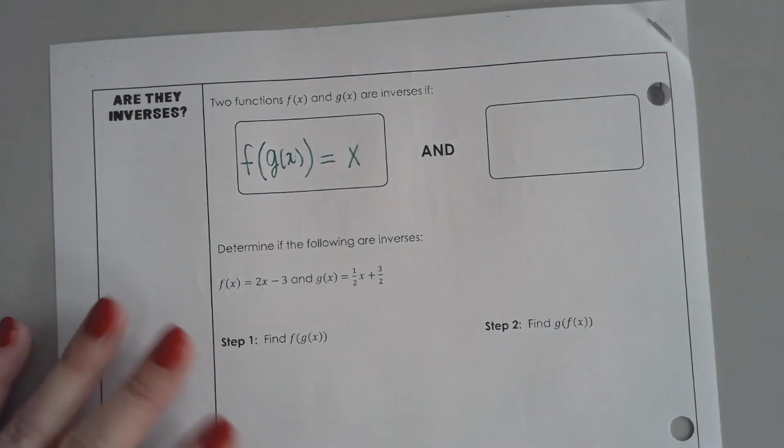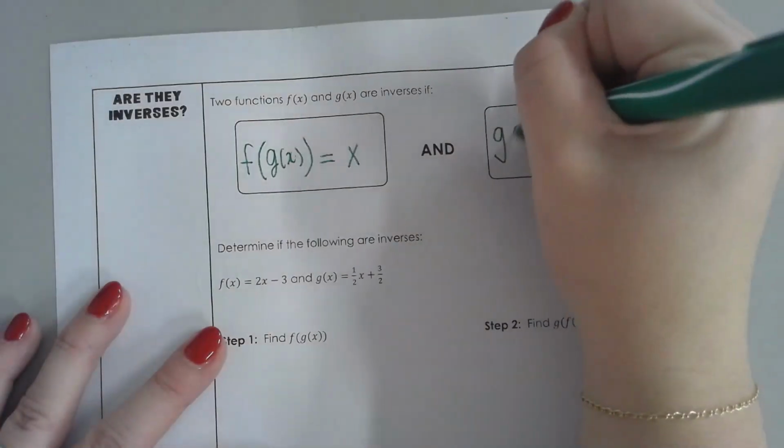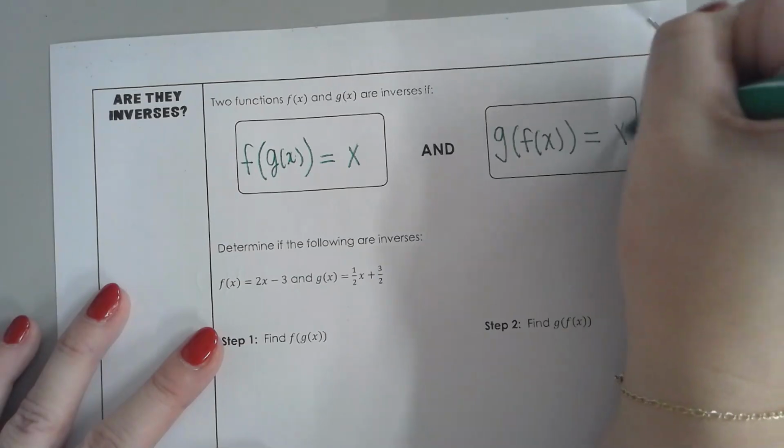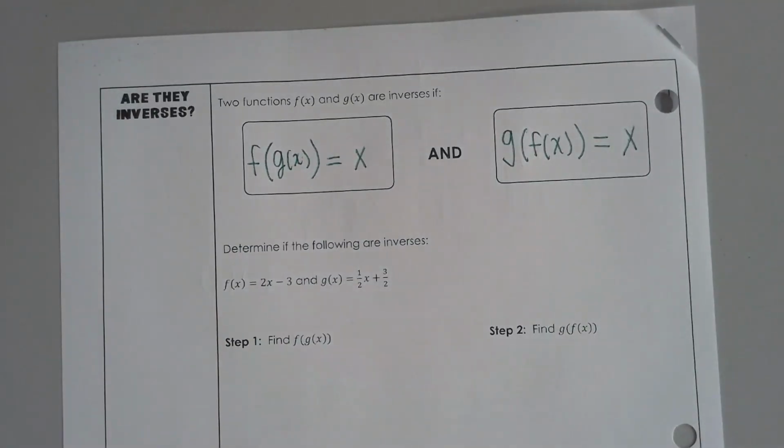And in reverse, g of f of x equals x. So you kind of have to work both of those out and see if, when it's simplified, it equals x. And if it does, we can say that they are inverses of each other.